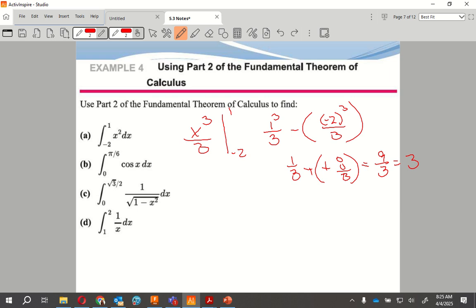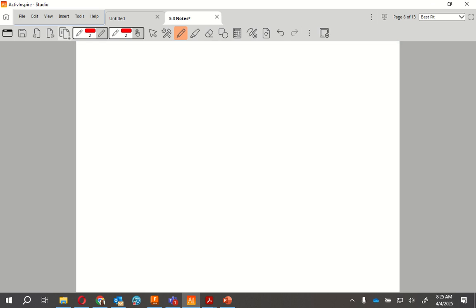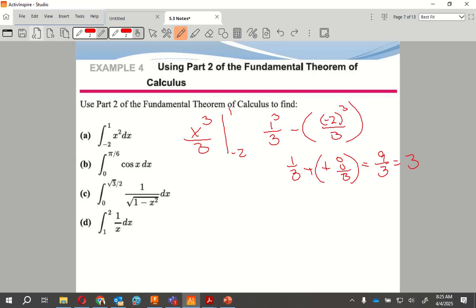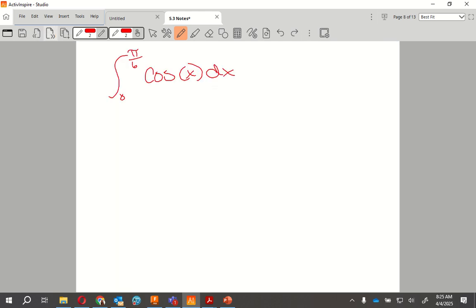All right, so I'm going to a new page: the integral of cosine from 0 to pi over 6. Remember, for the derivative, there was a circle for sine and cosine, so the antiderivative is the same circle, it just goes backwards.